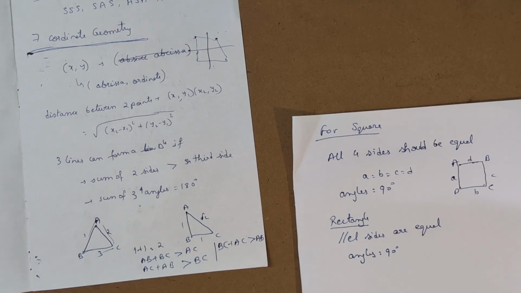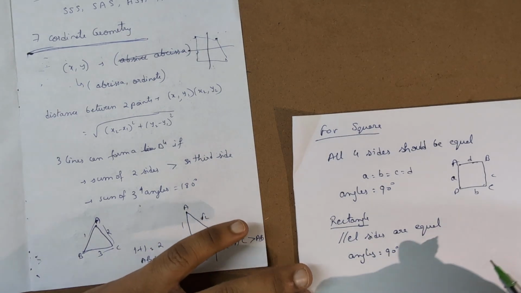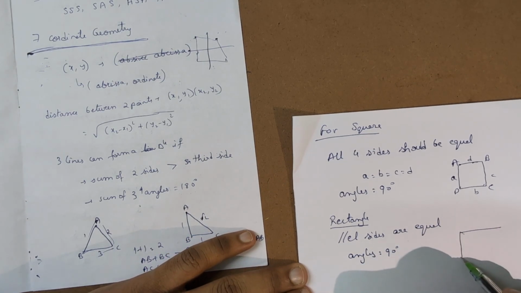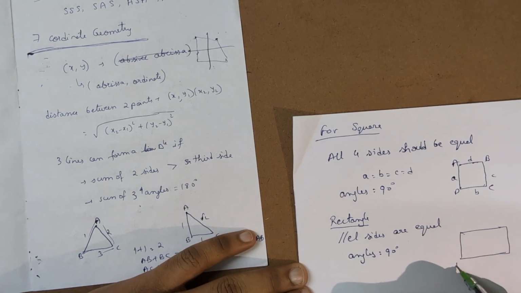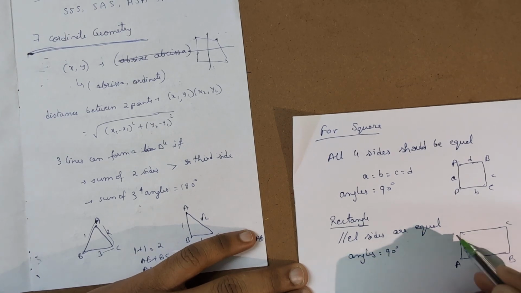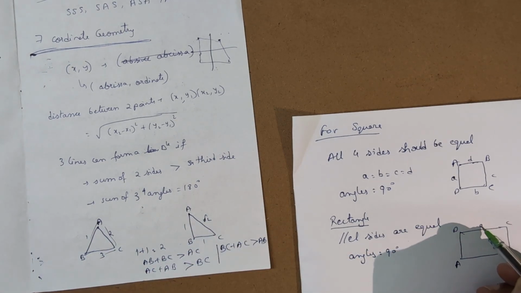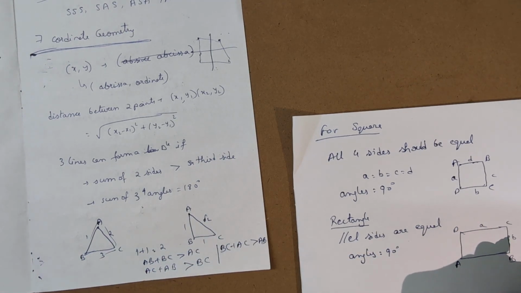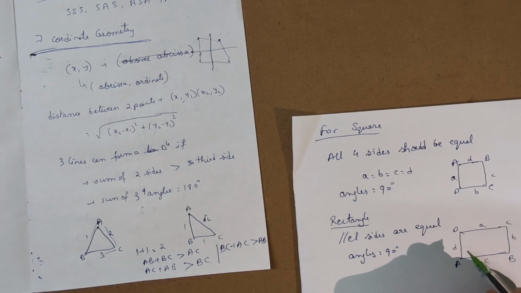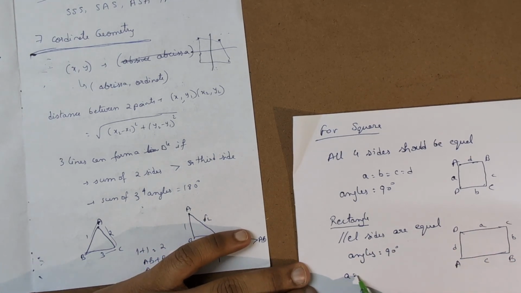The length of A should be equal to C and the length of B should be equal to D.